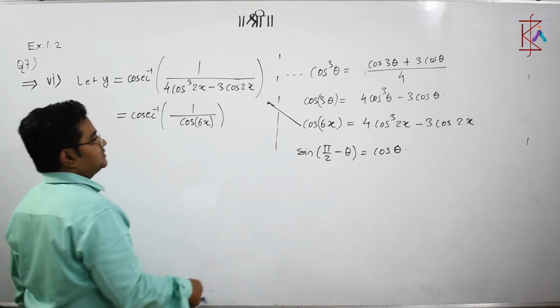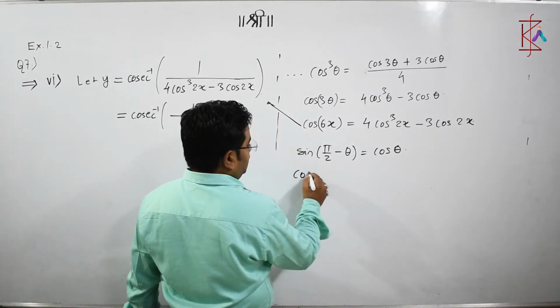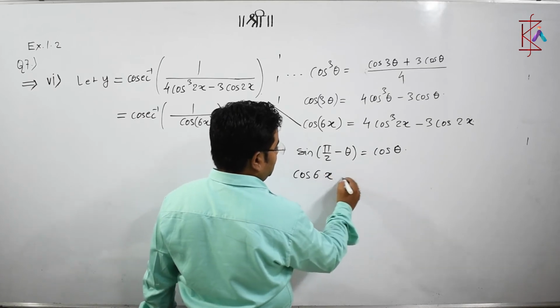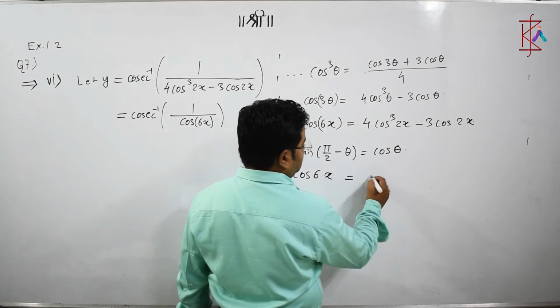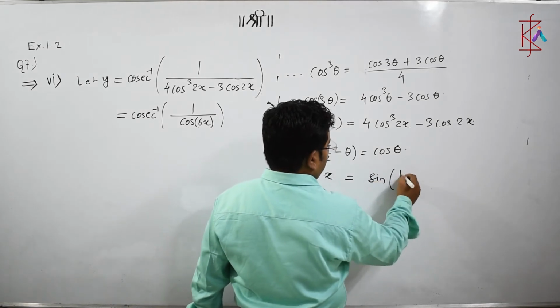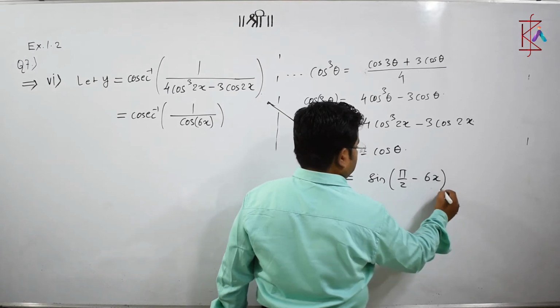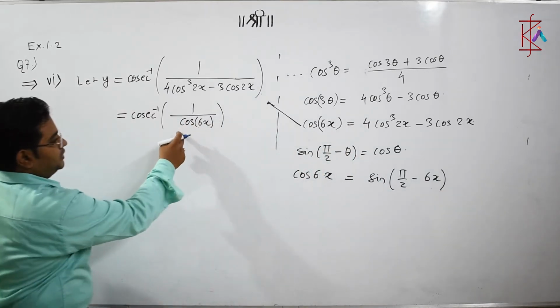On that basis, what should be our value? Cos 6x is equal to how much? Sine of pi by 2 minus 6x. Use that value over here.